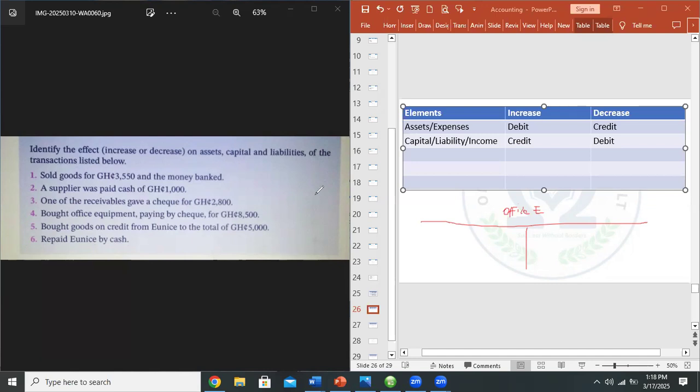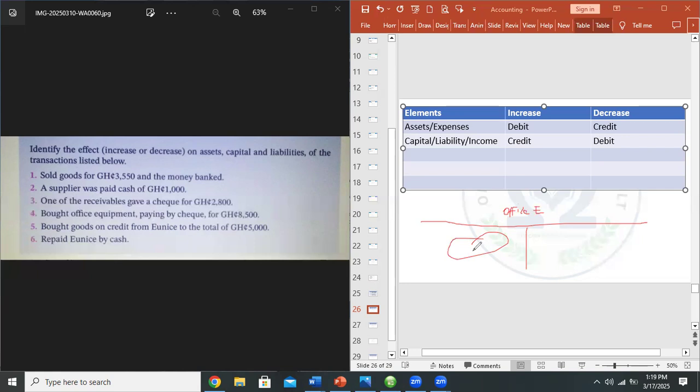So when office equipment increases, what are you supposed to do? You have to debit that account, meaning you come to the left side and put the entry there. Now, what entry do you put there? Normally, you pick the date of the transaction, the amount involved, and other particulars or details, which I'll tell you about when we begin examples.